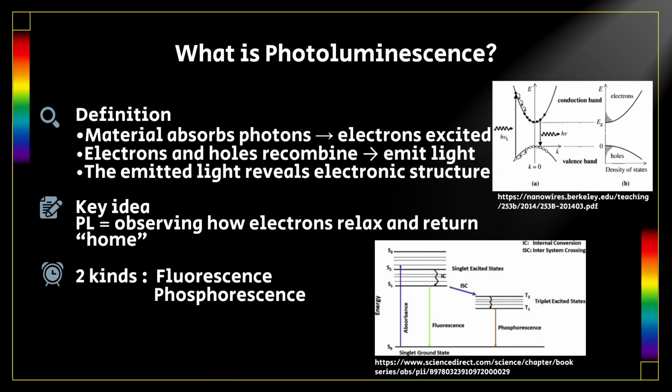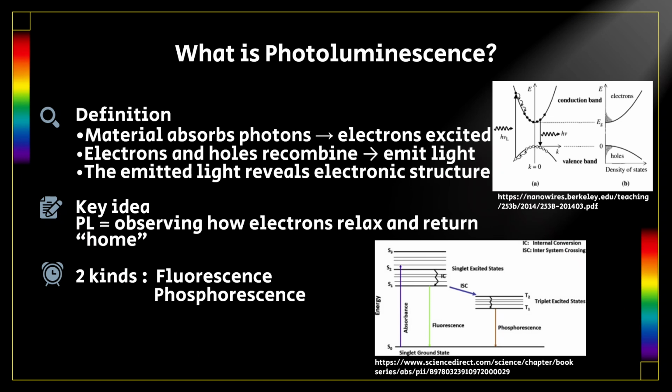And according to the delay time of light emission, there are two kinds: one is fluorescence, and the other is phosphorescence. Fluorescence is a fast emission that occurs when an excited electron quickly returns from a singlet state to the ground state.